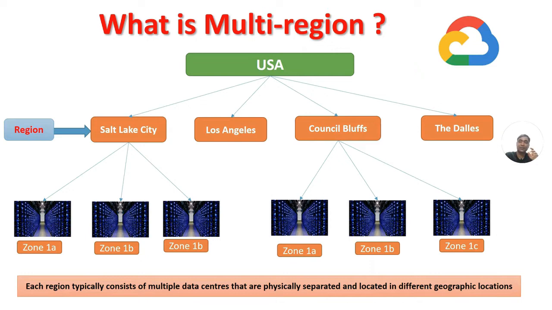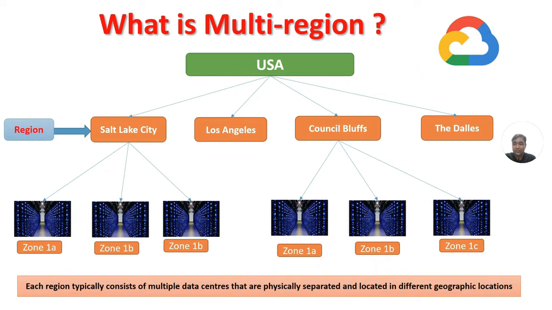Guys, let's consider an example. A multi-region is a large geographical area such as the United States that contains two or more geographic places. Each region typically consists of multiple data centers that are physically separated and located in a geographical location. A multi-region architecture refers to the deployment of an application or infrastructure across multiple geographic regions offered by a cloud service provider like Google.